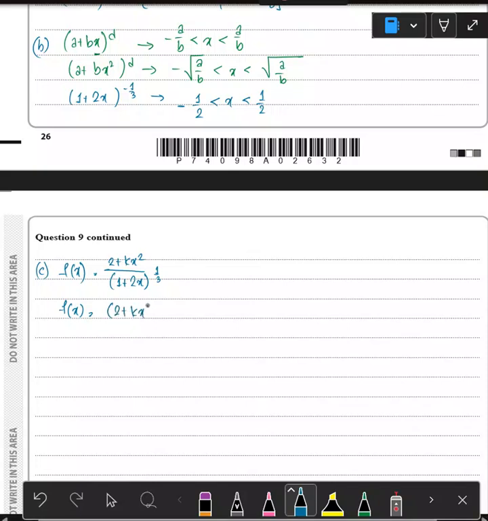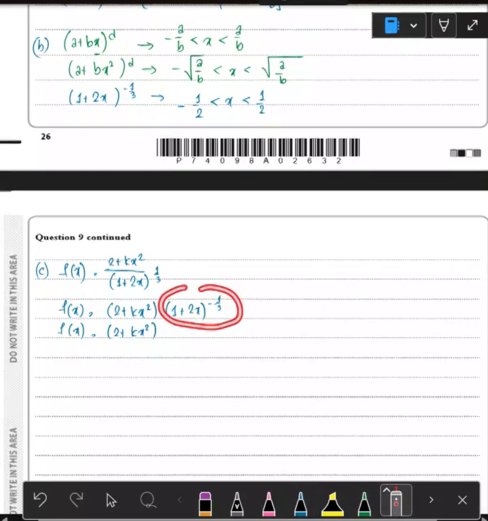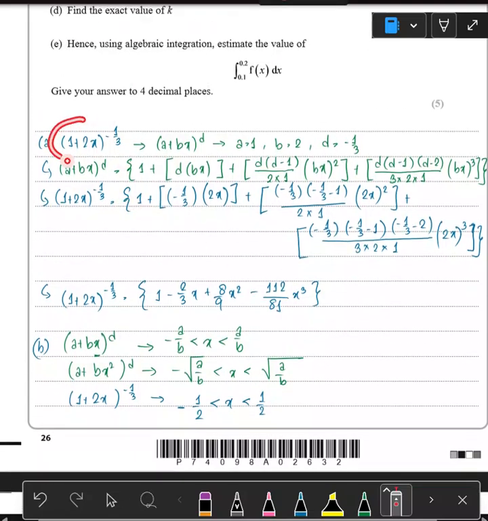So 2 plus kx squared, multiplied by 1 plus 2x to the power, and the polarity of the power will change. Here it is positive 1 by 3, so this will become negative 1 by 3. Okay, so now fx is equal to 2 plus kx squared, and if you look at this expression, this is the same expression that you expanded for part A.